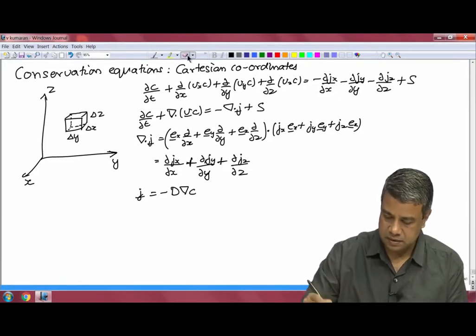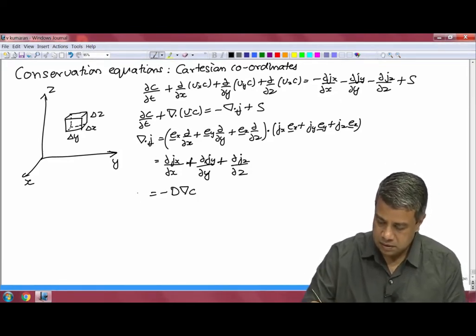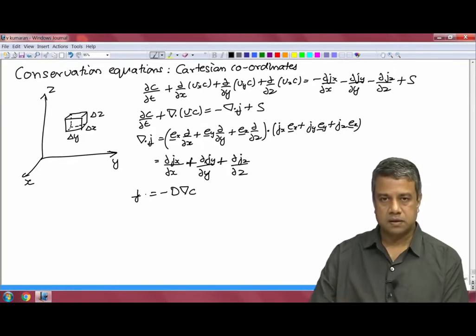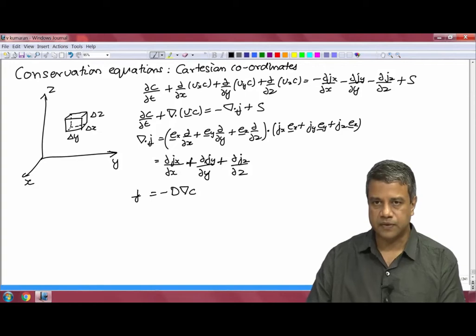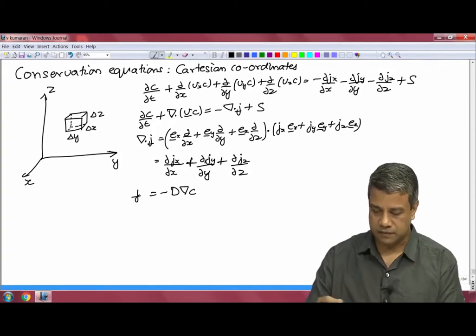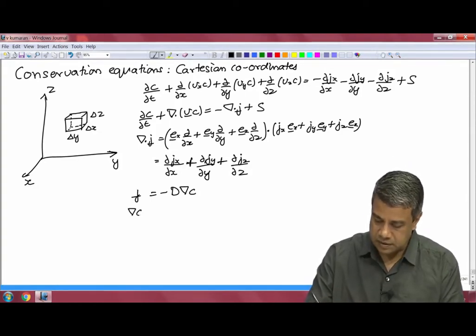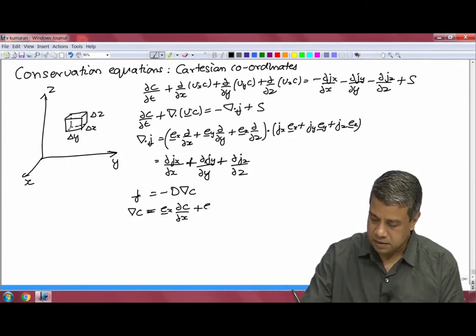Okay, that was the constitutive relation. Fick's law for diffusion written in vector form, where the gradient of the concentration is equal to Ex partial c by partial x plus Ey partial c by partial y.